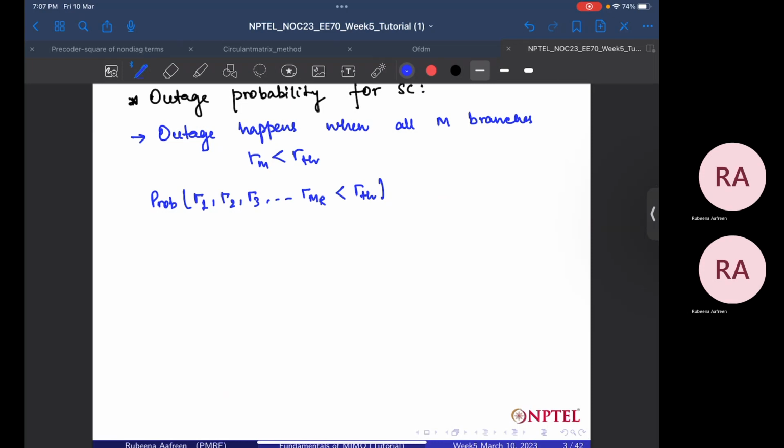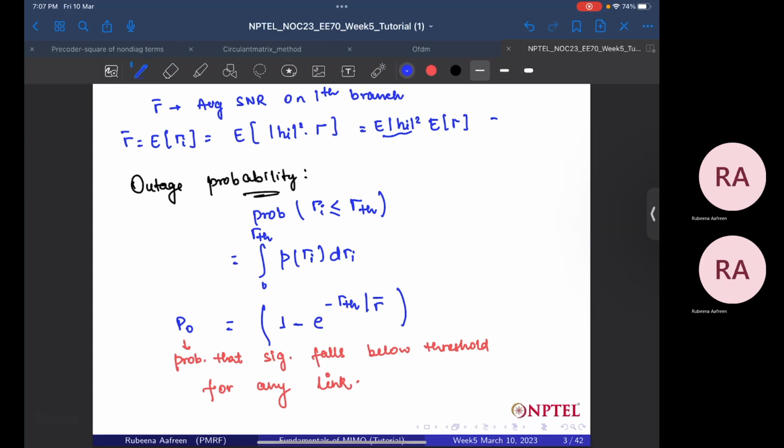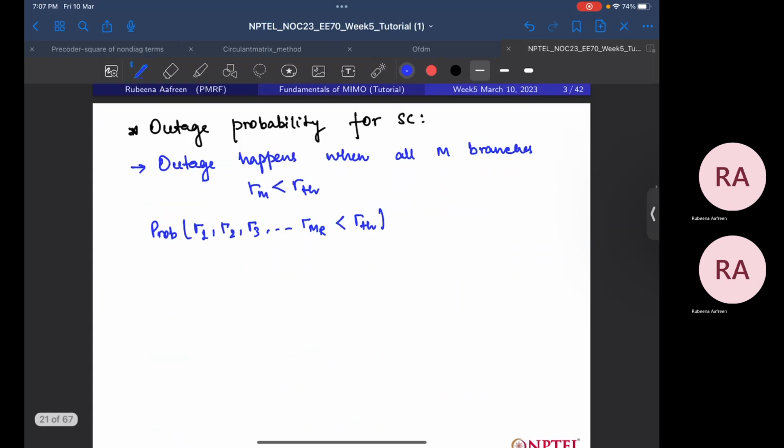Okay, so the probability that one of the links is in outage is given by this. So the probability that all the M links are in outage will be given by 1 minus e to the power minus gamma threshold by gamma bar, whole to the power of M, right? So this is the outage probability for selection combining. Okay.